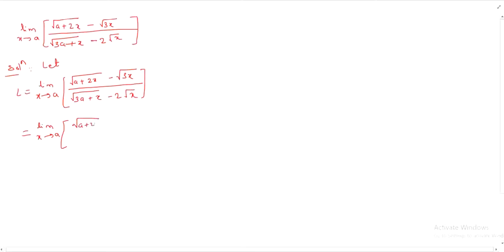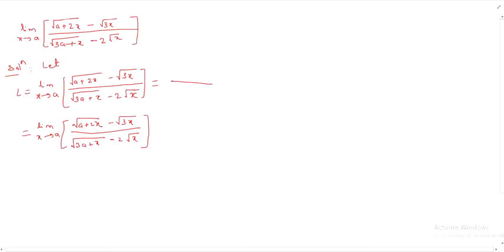So root a plus 2x minus root 3x by root 3a plus x minus 2 root x. But let us verify that first. Do we need to apply rationalization here or not? So let us consider the denominator by substituting the limit. Here 3a plus a, that is 4a, and root 4a is 2 root a.